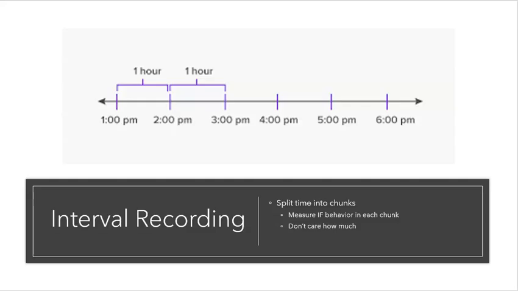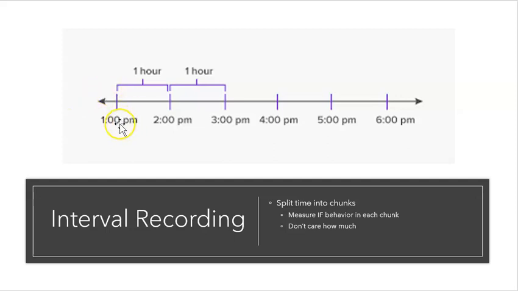Okay, now these next two are related to each other and maybe a little tricky to tell the difference between. Up first, we've got interval recording. Interval recording is where you're just recording if a behavior occurs during a certain amount of time.